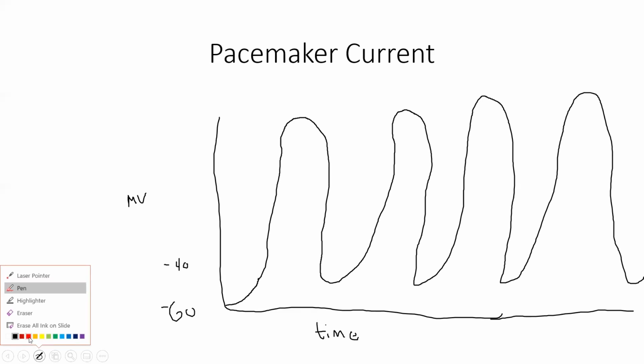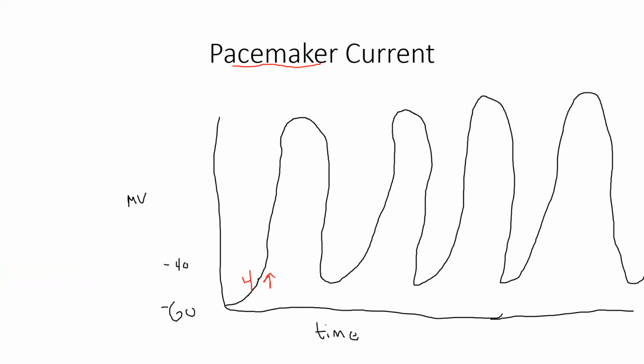So let's label the phases. Phase 4 is also referred to as the funny current. Like I said, pacemaker cells are autonomic, which means they happen automatically. So sodium is going to rush in. The reason why it's called a funny current is right here. All these red parts are because normally when sodium channels open, it's because cells are getting more positive.